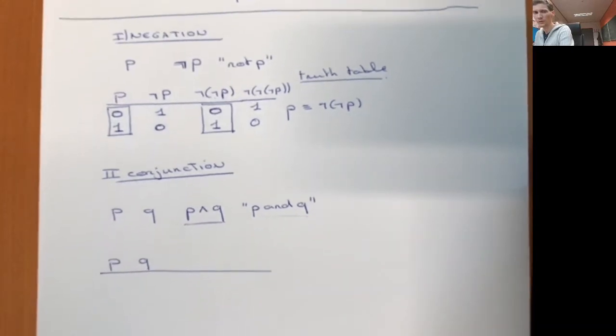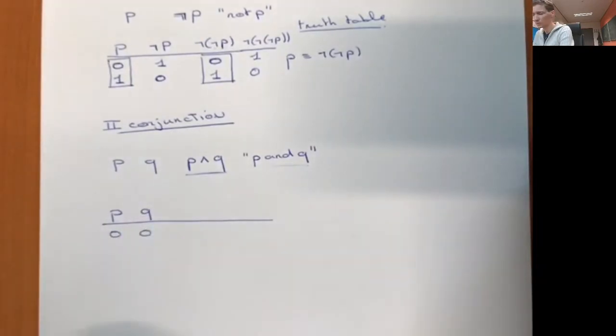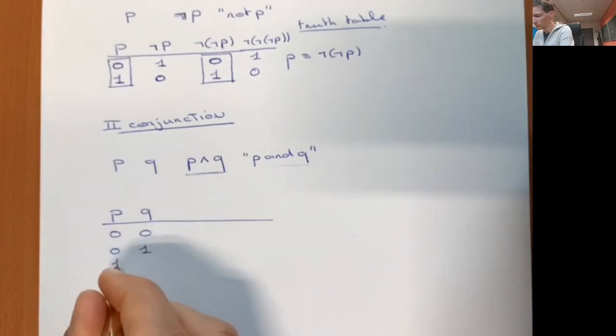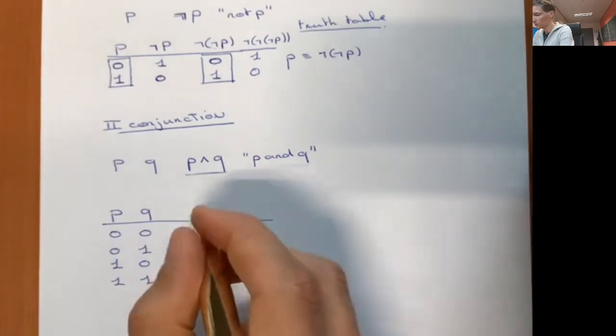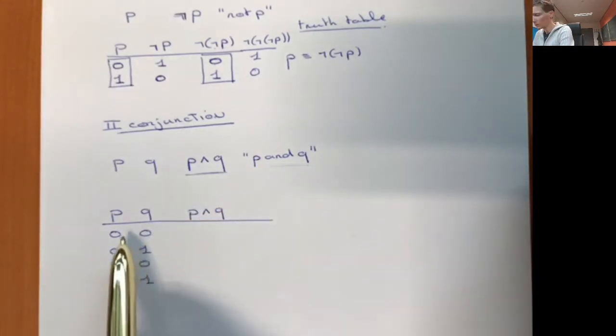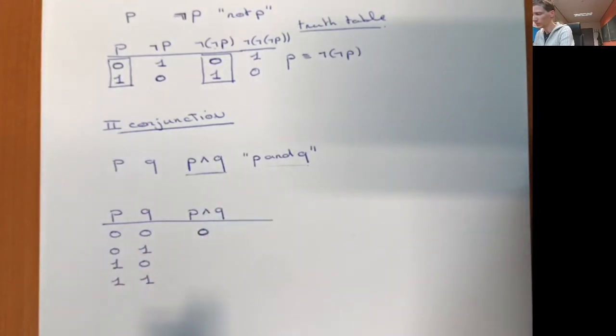So if we write down the table, we have P and Q. What are the possible values of P and Q? Well, either both are false. P is false and Q is true. P is true and Q is false, or they are both true. And then if you look at the formula P and Q, so if both P and Q are false, then P and Q is also false, right? They're not both equal to true.